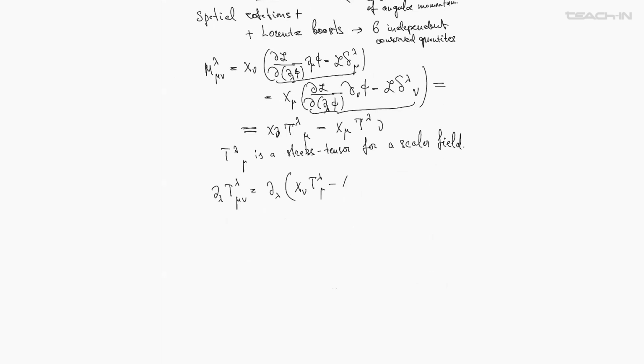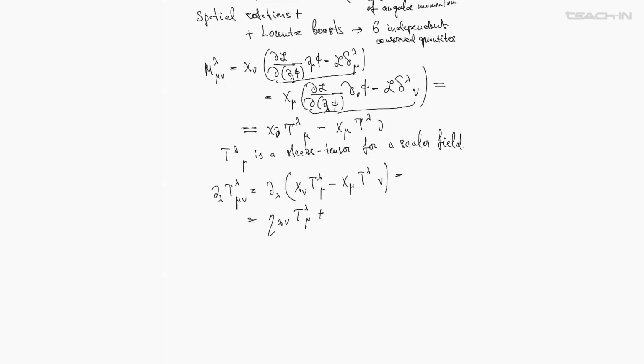Then differentiating x^ν, I will get the metric, η^λν T^{λμ}, plus x^ν ∂_λ T^{λμ}.